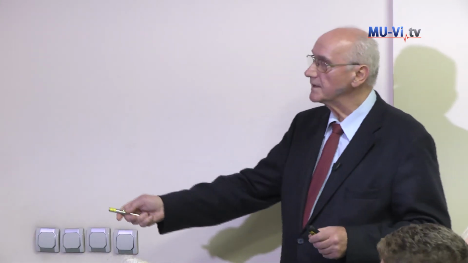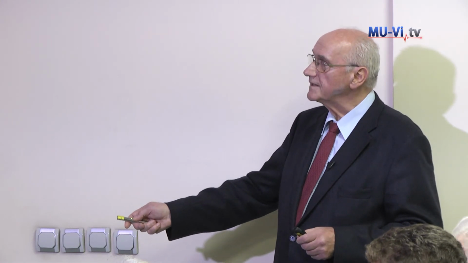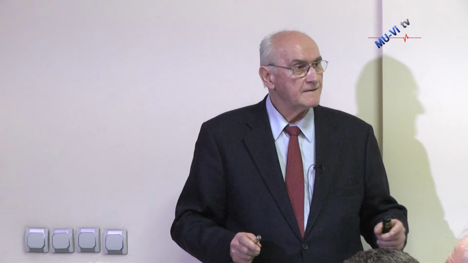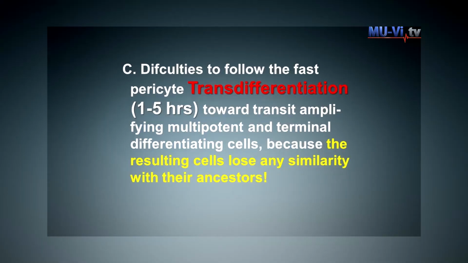You can see here that this transdifferentiation is a very short time process, 1 to 5 hours, and at the end, the resulting cells lose any similarity to the mother cells. And this is very difficult to show, that the pericytes are the mother cells of the end cells, because they show no similarity.